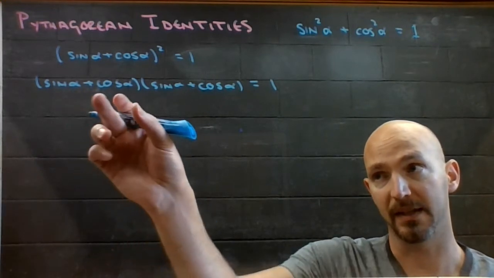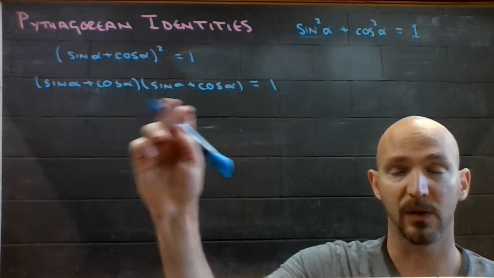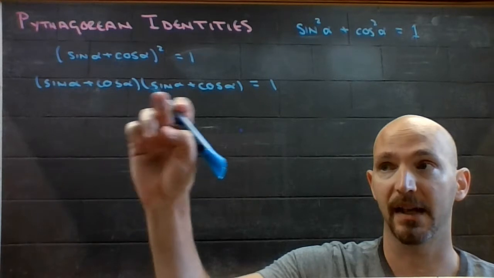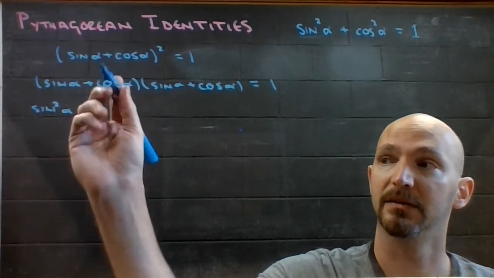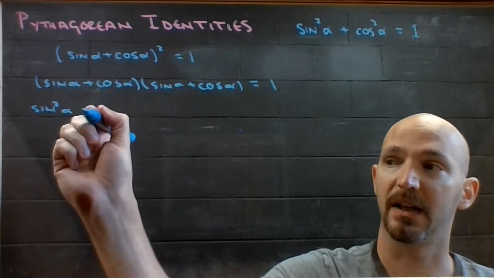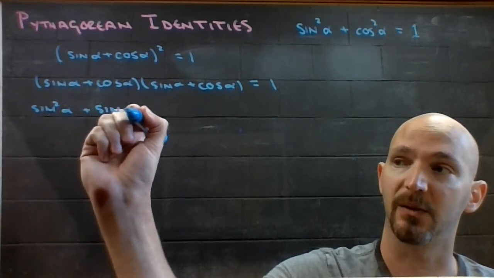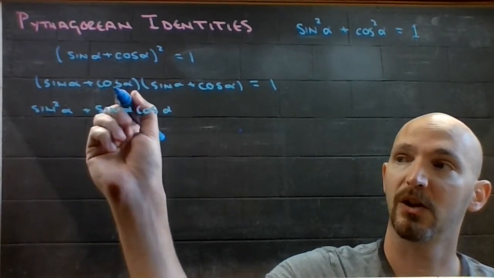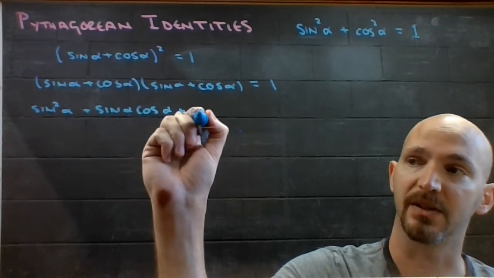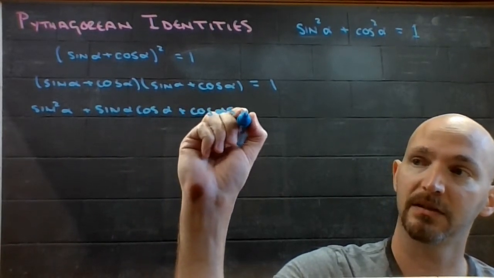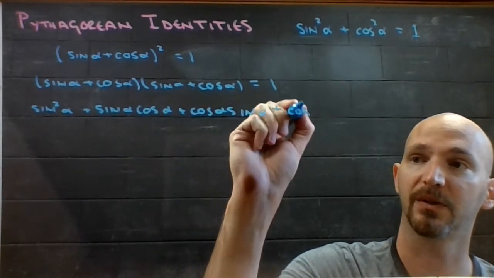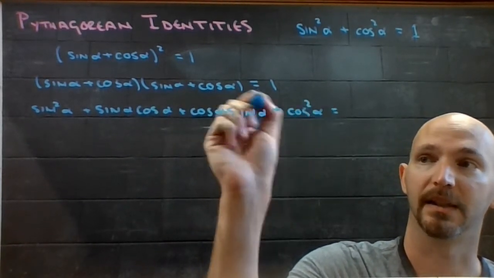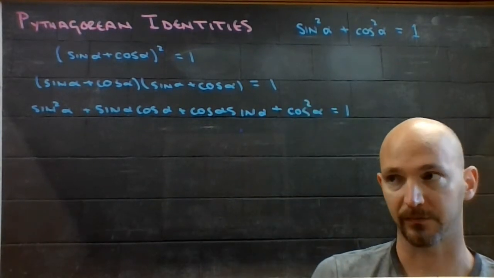It's a thing plus a thing times a thing plus a thing. So if I FOILed this out, I would get sine alpha times sine alpha, which is sine squared alpha. Sine alpha times cos alpha, which is a sine alpha cos alpha. Cos alpha times sine alpha, which is a cos alpha sine alpha. And a cos times a cos, which is a cos squared. And that's all supposed to equal 1.